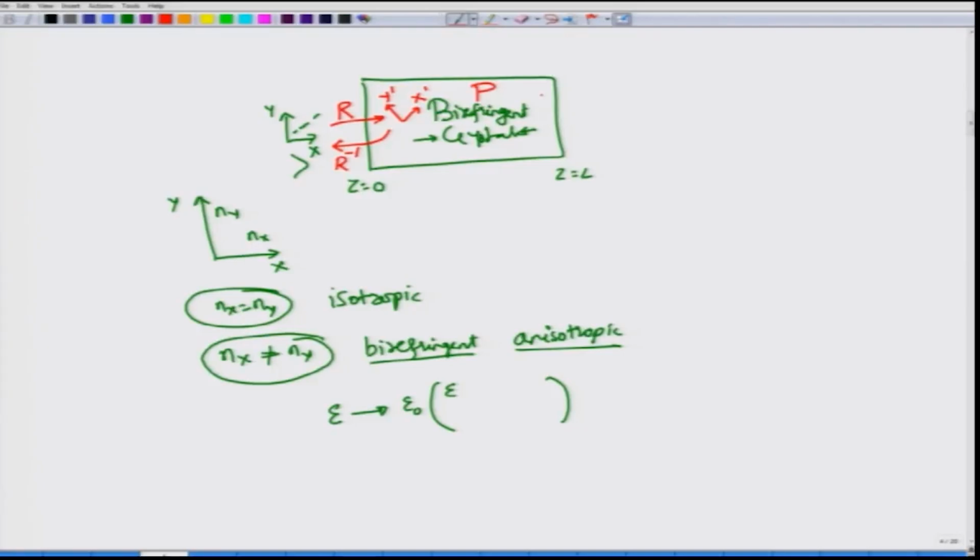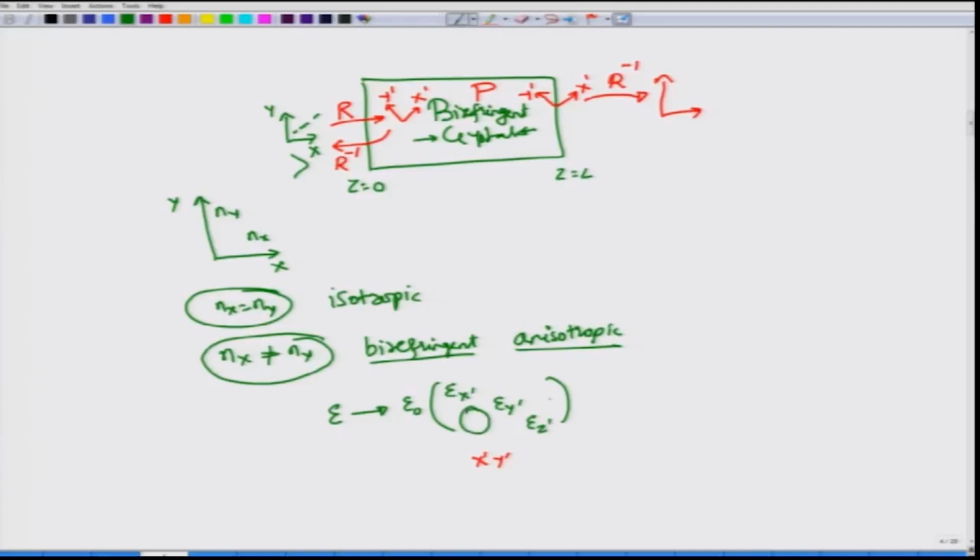So, just before the end of the crystal, what you would have is how the pulse has propagated in the crystal, affected by the propagation matrix P, and then you go back from x prime y prime to your lab coordinate system by multiplying with the inverse transformation. And in the x prime y prime coordinate system, the epsilon matrix will be something like this.